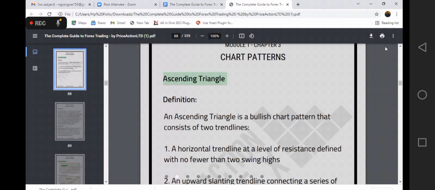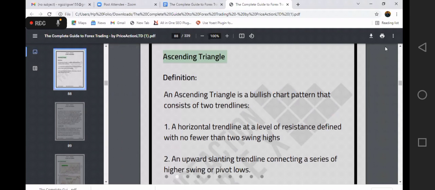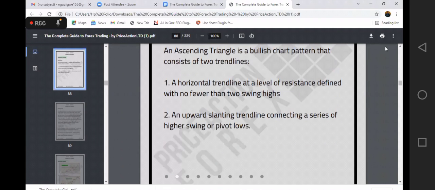Sorry, but let's just follow what we read here and continue. So they say an upward slanting trend line connecting a series of higher swing pivot lows. So it means there should be an upward slanting trend line connecting what? Your lows. That means your support trend line should be what? Upward slanting. While your resistance trend line should be what? Horizontal.